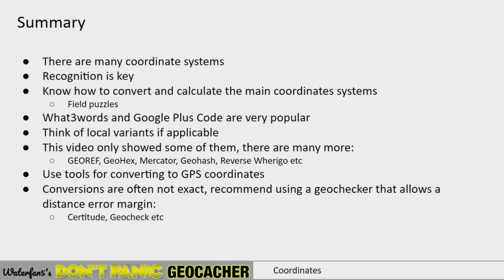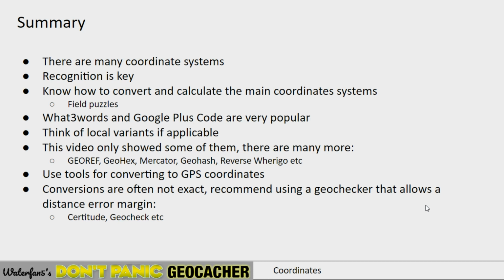The final lesson that I want to talk about here before I go into the websites and demonstration is about the precision of these. We already saw, for example, with Maidenhead and Google Plus code that the precision is not hard to define. Even with what3words, or when you convert between different coordinate systems, you may lose some of the precision. Therefore, I would often recommend that as a geochecker, you use one that allows an error margin.